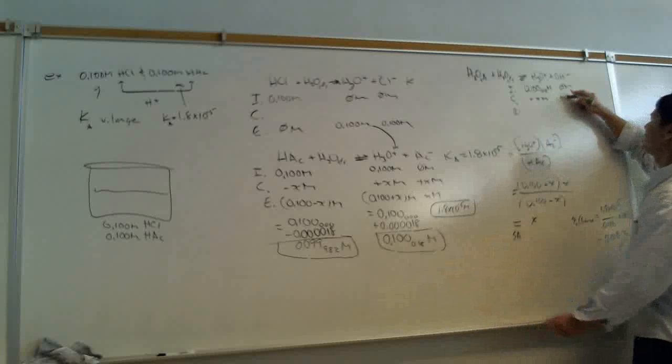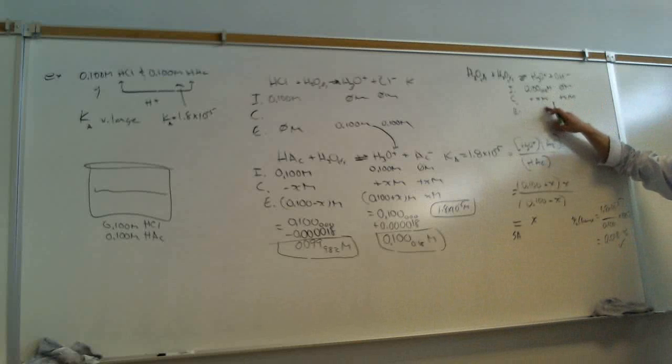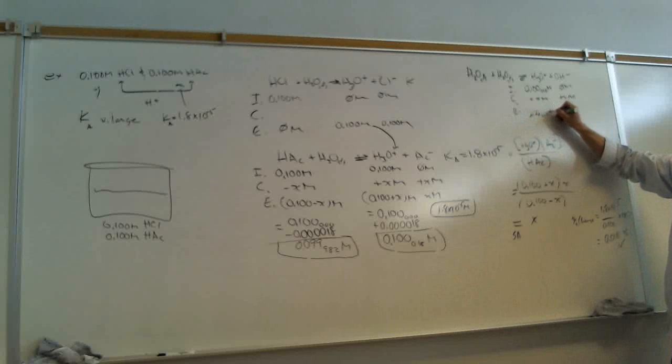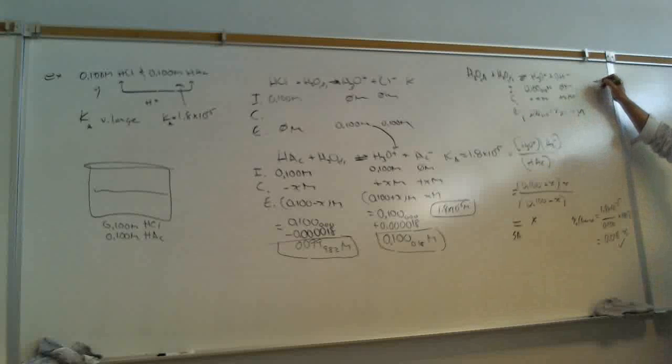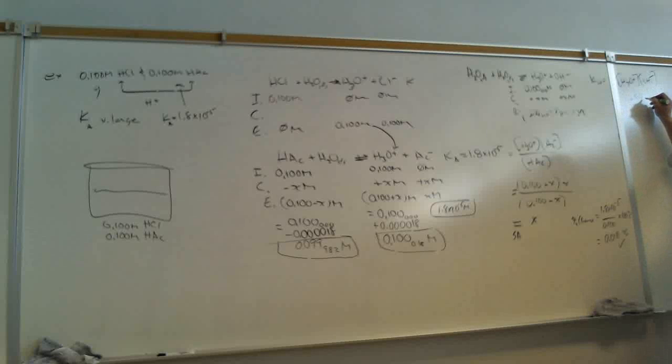Now, with a large quantity of hydronium present, the hydroxide can't build up so big. And therefore, the hydronium can't build up so big. So we're going to have 0.100 sub 018 plus X molar and X molar. And so Kw is equal to the hydronium times the hydroxide, which is equal to 0.100 018 plus X times X. Now Petrucci makes the simplifying assumption always.